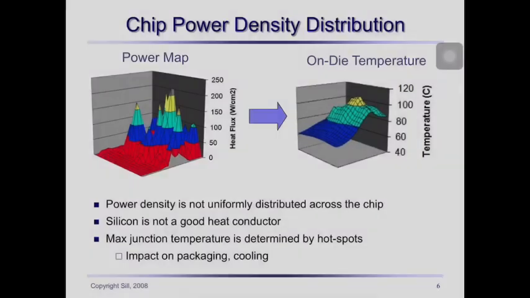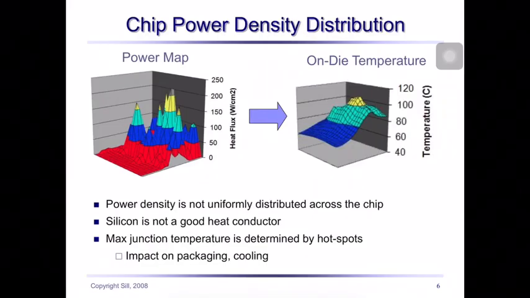Okay, so this is an example of how the power is distributed across a chip. As you can see, the power density is not uniform across the entire chip. There will be areas which are hot spots, and this is because silicon is not a good heat conductor. So certain areas which are switching very quickly, they will consume more power.